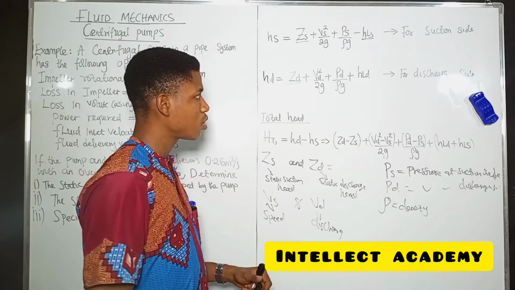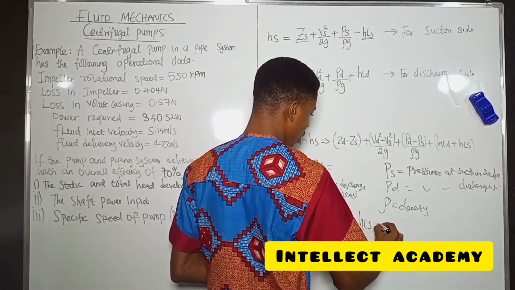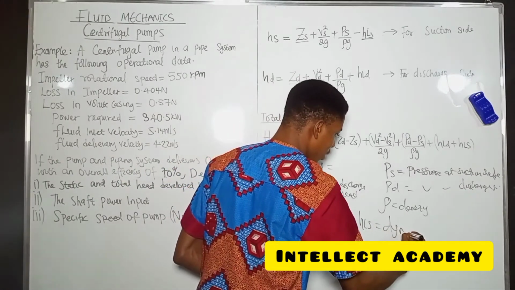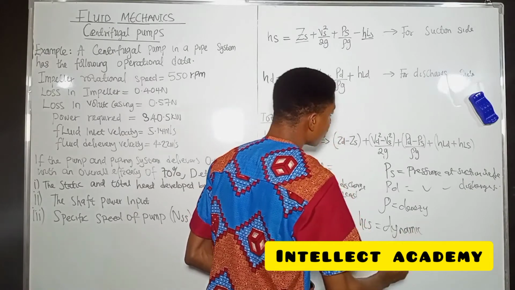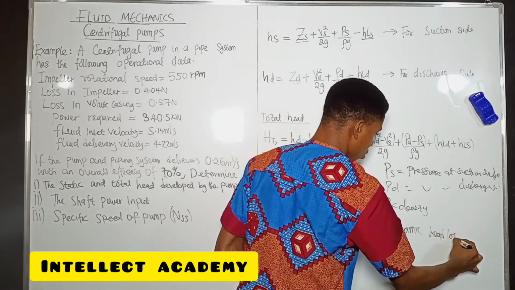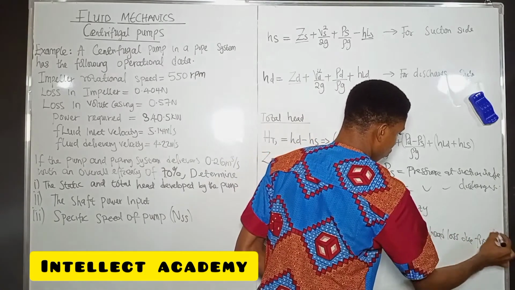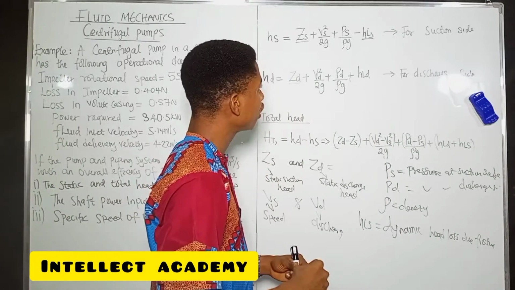So this is the dynamic. So take note that HLS signifies the dynamic head loss due to friction. It can be anything, but in this case it's due to friction.